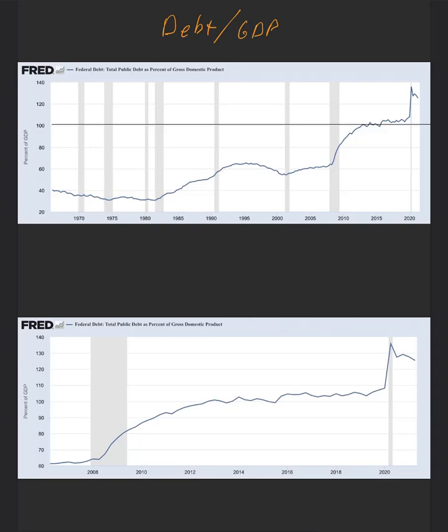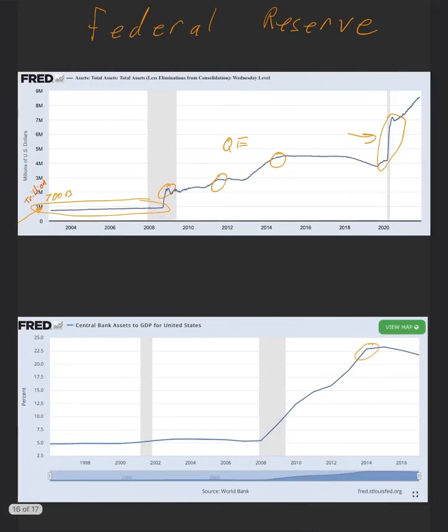Okay, and then again, here's just a zoomed in 2005 to current day. What does the debt percent of GDP look like? You can see that's that time period I was talking about, sort of from 60% to 130%. That's that guy there. Okay, so what's the Federal Reserve doing during this time period?